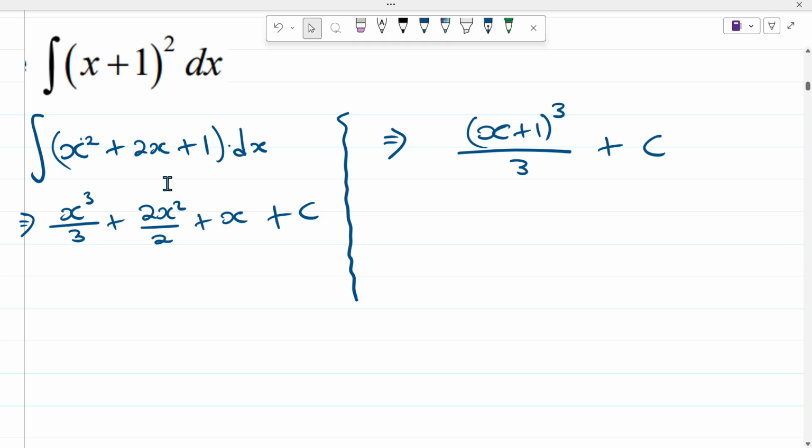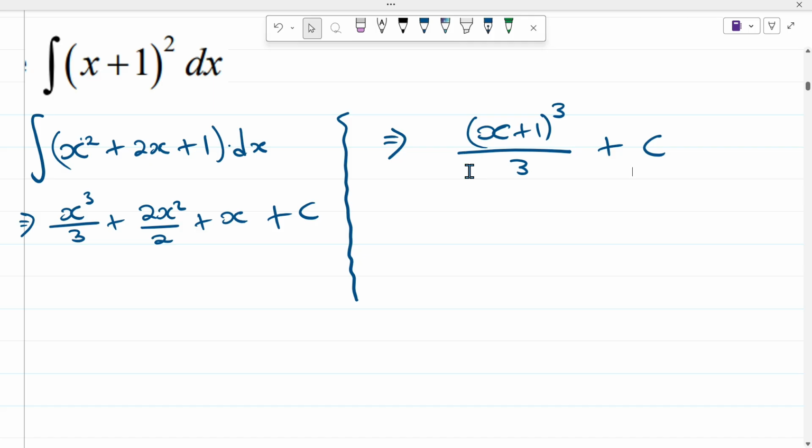You see this question, we have two different answers when we use two different methods. Both answers are correct. So don't be confused someday whereby after an exam your friend says I got this answer and you say you got this other answer, which are different. Just know that for one integral question we can have two answers and both of them are correct. So that's one more thing that I wanted to tell you.